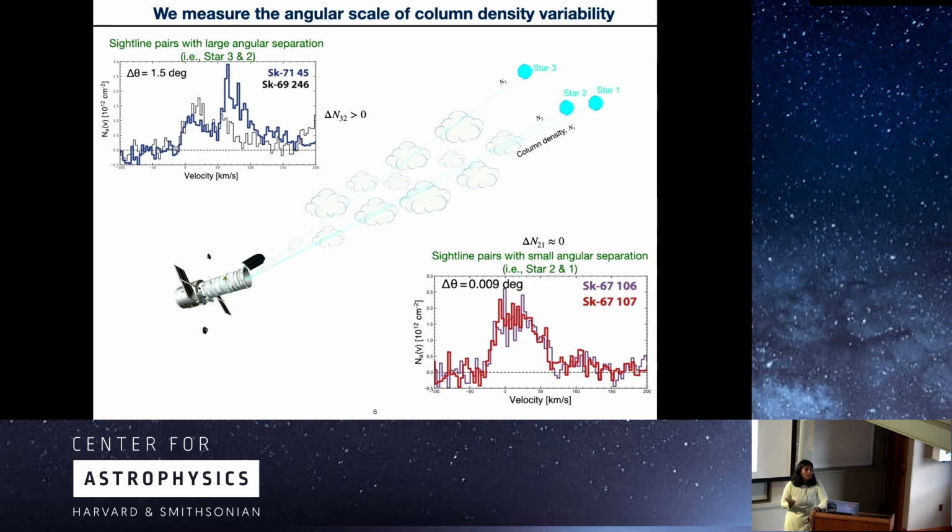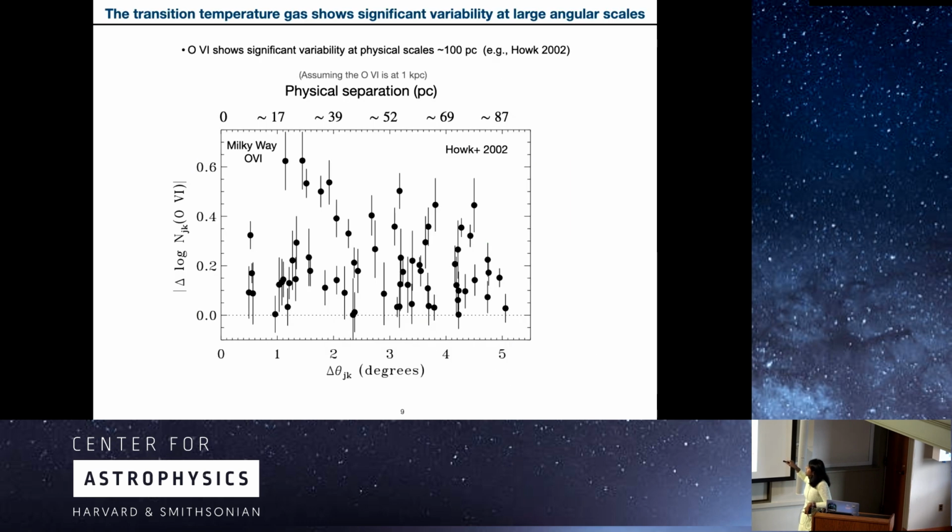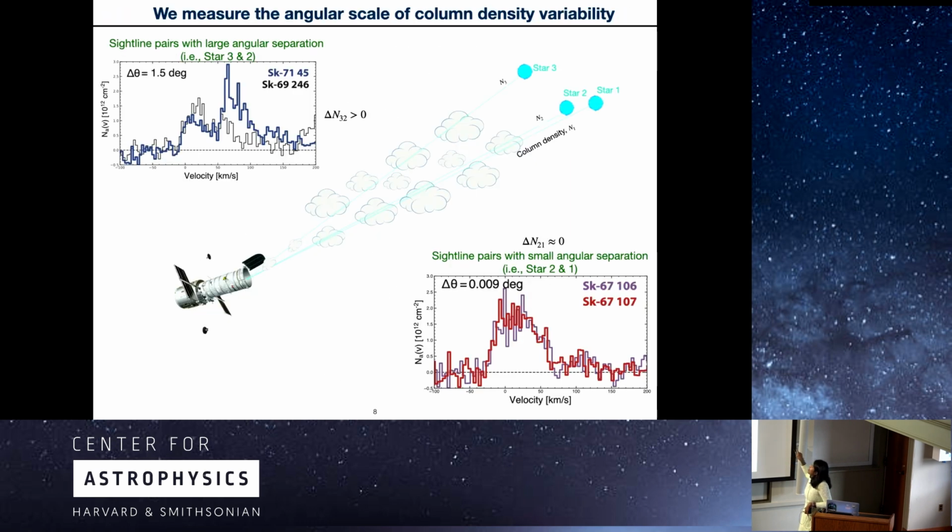When we have multiple sight lines, we can get the absorption spectra and make pairwise comparison. For example, when we have two sight lines close to each other, they will probe the same material, and from the spectra we'll get the column density profiles, and the total column density for these two sight lines will see a similar pattern.